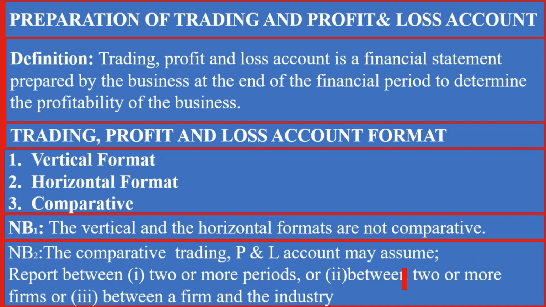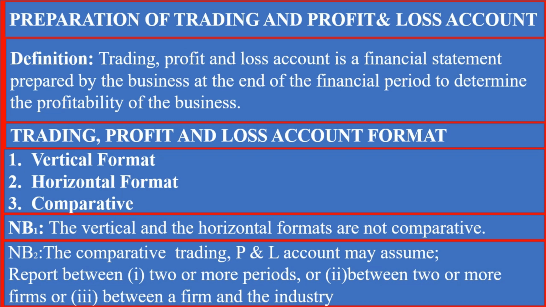But comparative trading profit and loss account may assume a report in Roman 1, a case whereby we are comparing two or more periods of a particular organization. In this case, we will be looking at the trading profit and loss account for financial years 2020 and 2019. Those are two periods, but of the same company or firm.